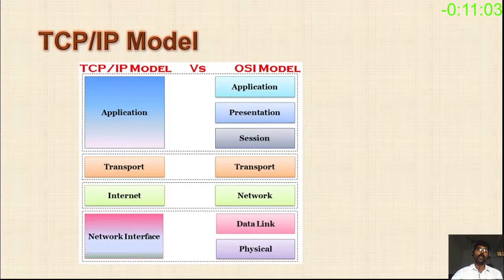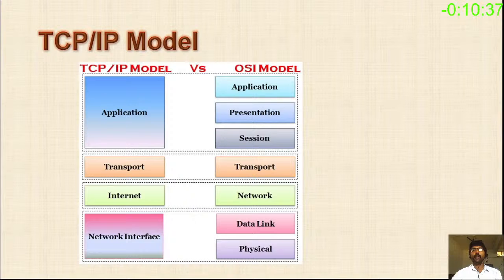The application layer is similar to the application, presentation, and session layers, whereas the transport and internet layers relate to the transport and network layers. The network interface is just like the data link and physical layers.